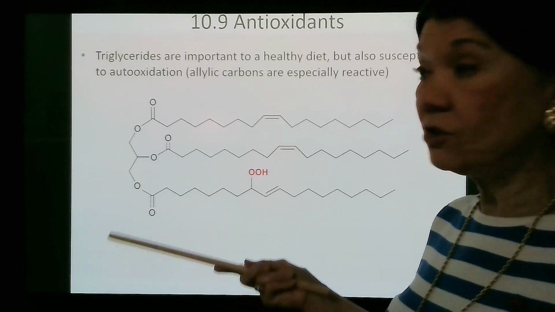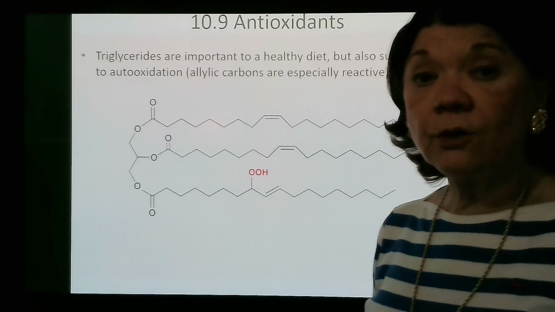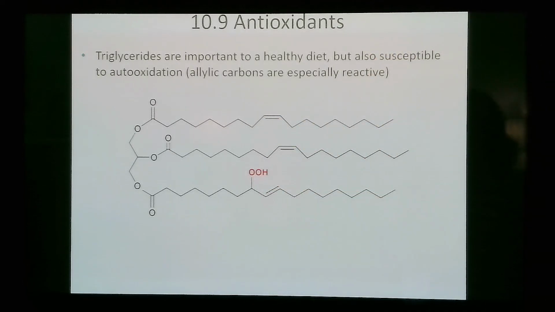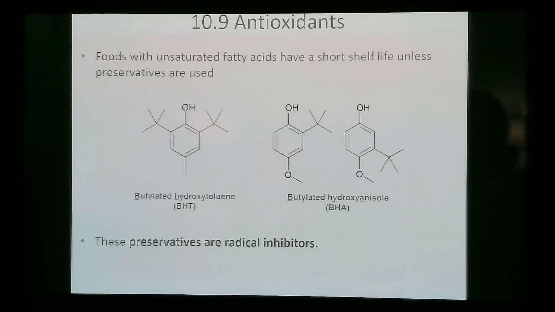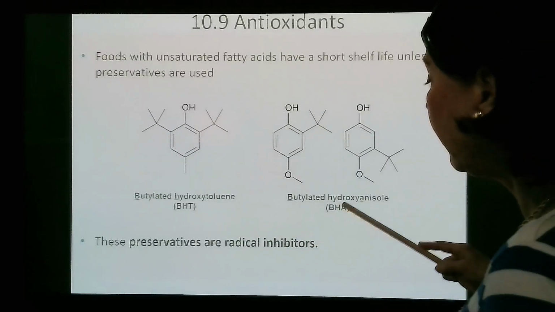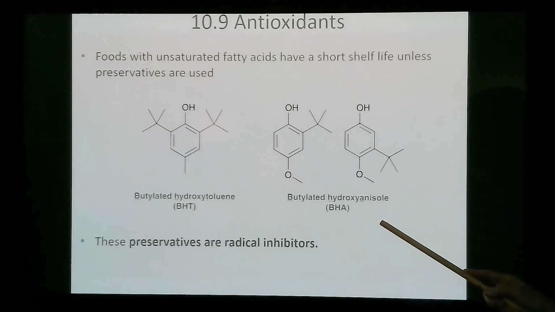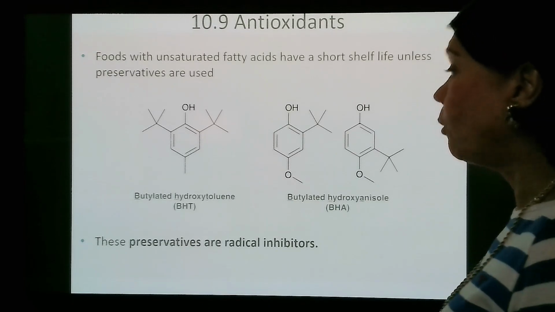The other alternative is to store your food where there's a low likelihood of that happening. Store it in the refrigerator or in the freezer, and it will cut down on this process. Foods with unsaturated fatty acids have a short shelf life unless some preservatives are used, and these are typical of the preservatives: butylated hydroxytoluene, butylated hydroxyanisole, and these prevent the radicals from being formed.